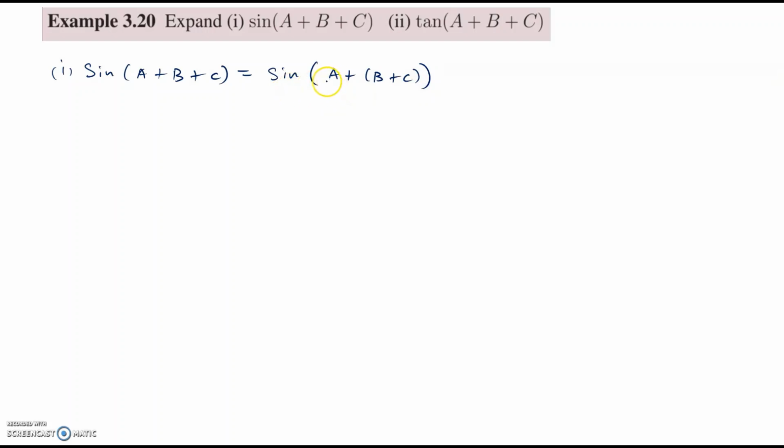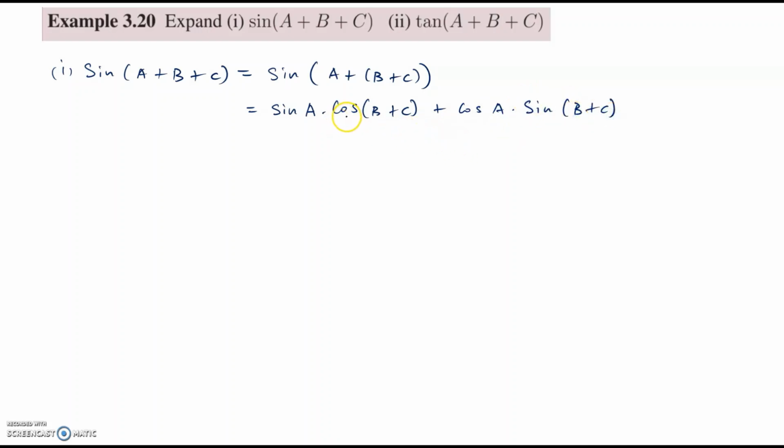So this is like sin(alpha plus beta). So applying the formula for sin(alpha plus beta), we get sin A into cos(B plus C) plus cos A into sin(B plus C).